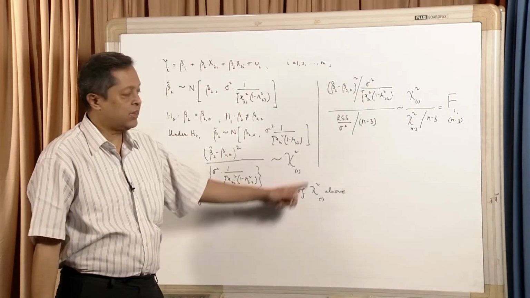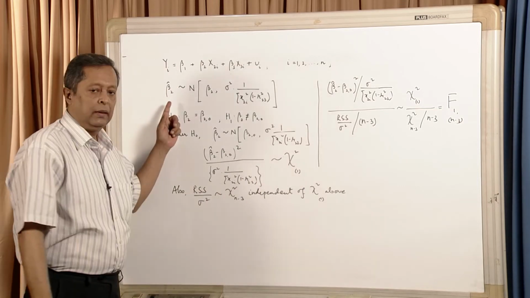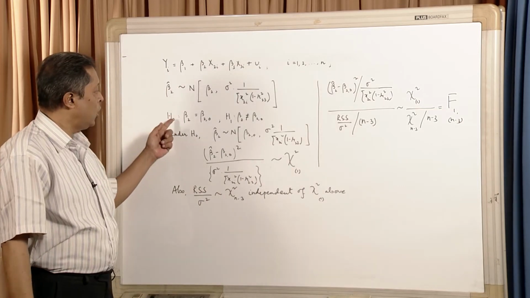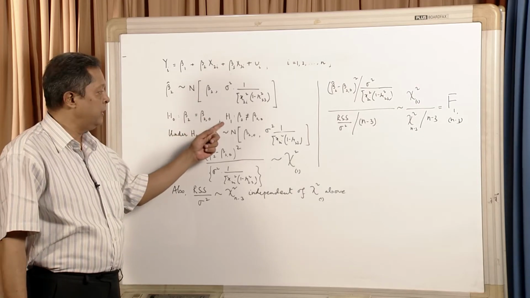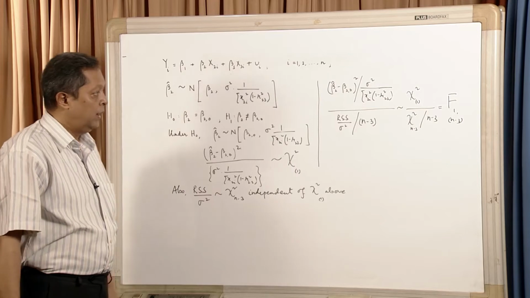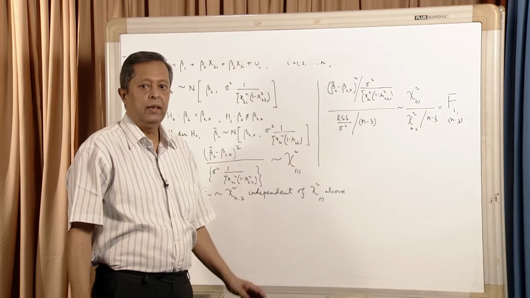So, it is with this test statistic that we will test the hypothesis H naught beta 2 equal to 0 against the alternative hypothesis beta 2 not equal to 0, and we will convert it into a t distribution, which makes the test very simple.